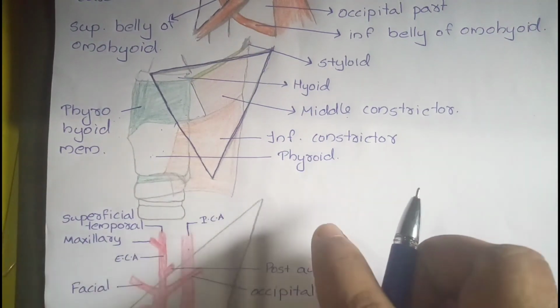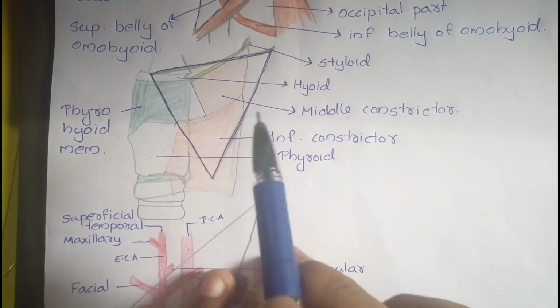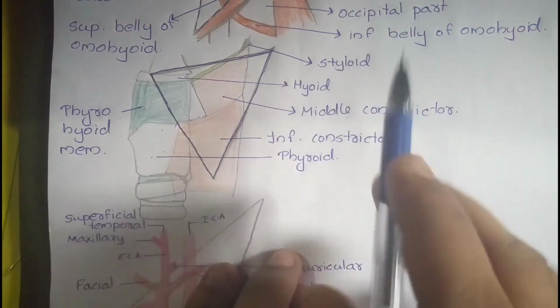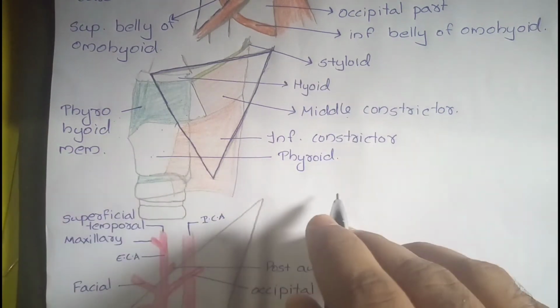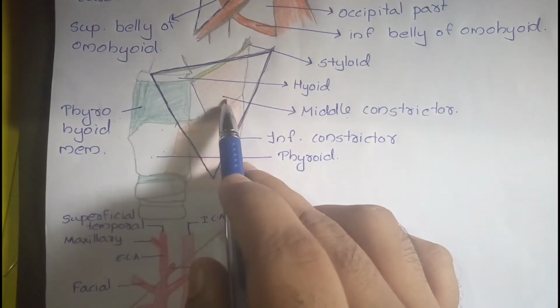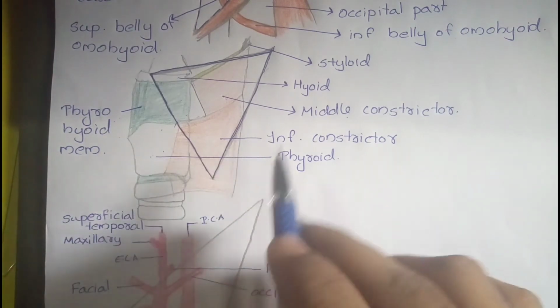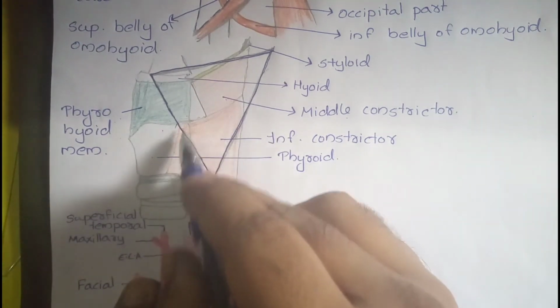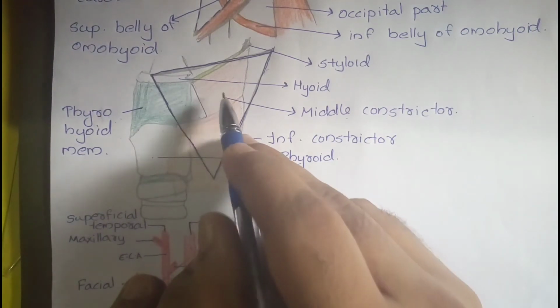And we have already learned about the superior constrictor, middle constrictor and inferior constrictor of the pharynx. I will take a class on the pharynx, its muscle origins and insertions, in the future. For the time being, you need to know that the middle constrictor and the inferior constrictor of the pharynx are present here. This is the inferior constrictor of the pharynx and this is the middle constrictor.